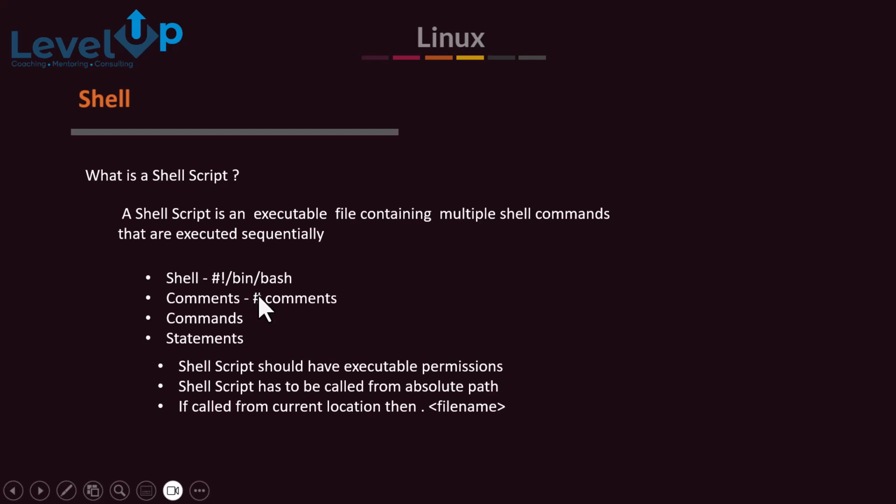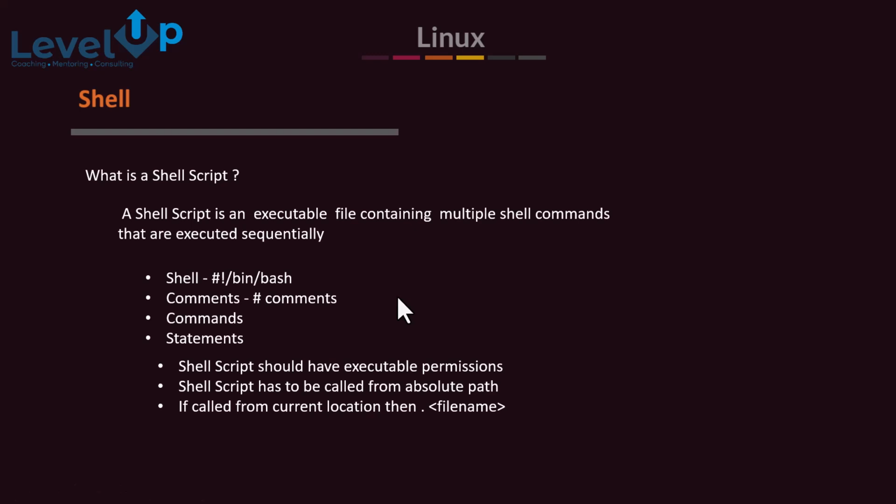If you mention hash, anything after that on that line will not execute. That is basically for comments. Second, the commands that have to be executed, like 1, 2, 3, 4, 5, 6 commands, and then the statements that you have to execute. These are the things which should be there in a shell script.